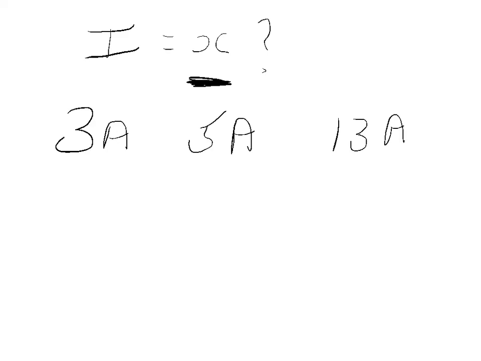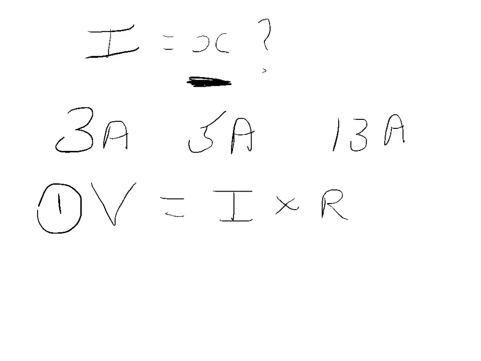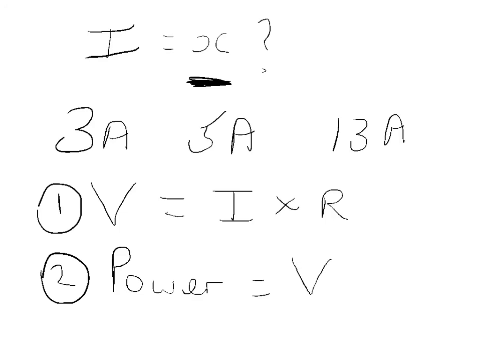And the equations to use in order to find the actual value of current used in the circuit so that you can make that decision, there are effectively 2 of them. The very basic formula, V across an item is the current in that item multiplied by the resistance of that item, and the other one is that the electric power, which is the number of joules of energy per second, is the potential difference across multiplied by the current in.